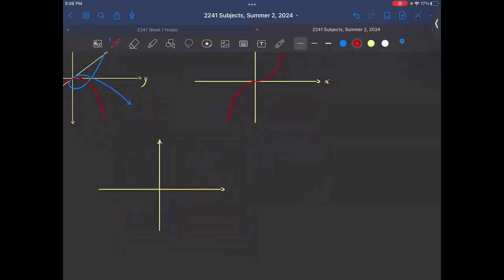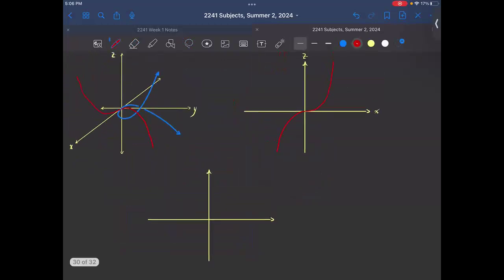And the XY projection, we erase this, now looks a little bit more like this, and like this. And oh, that looks like a parabola to me. So that's the shape that we're going to draw here. So we have a parabola in the XY plane.